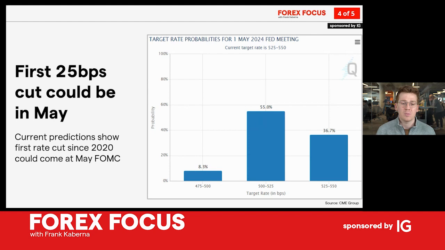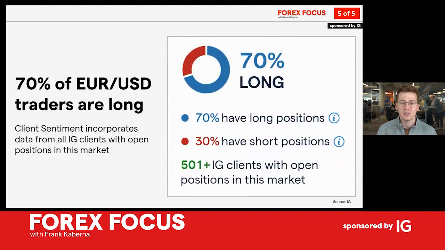Now let's take a look at where people are situated in this euro-dollar market. A lot of people are selling dollars as it strengthens, maybe playing that mean reversion play, trying to catch the euro near its lows around 1.07, year-to-date lows pretty much across major pairs versus the dollar. 70% of euro-dollar traders are currently long the euro, short the dollar, and that's the client sentiment that includes IG clients with positions in the market currently.